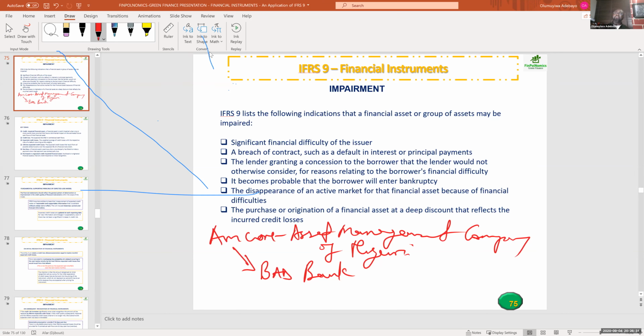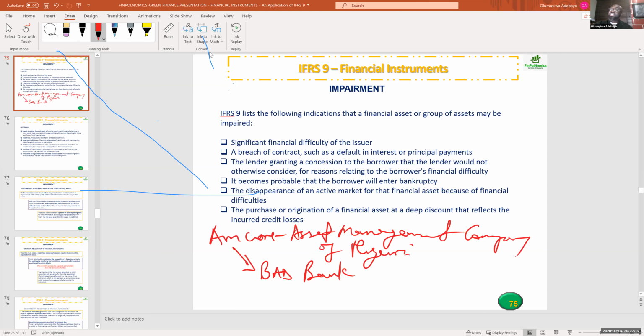Okay, a bad bank is a bank or a financial institution that specializes in buying delinquent loans. Delinquent loans are loans in default. Remember, CBN created AMCON to purchase bad loans from those banks so that they can inject liquidity into those banks so that they don't fail.